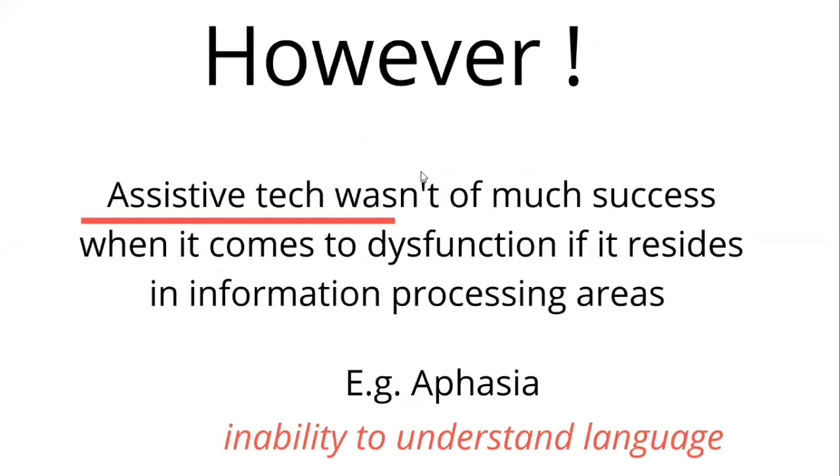This is a condition in which the brain's language processing area is damaged. If the processing area is damaged, the person cannot communicate, right? In those cases, we cannot help, or whatever device we develop will not have much success, because the problem is in the information processing area.